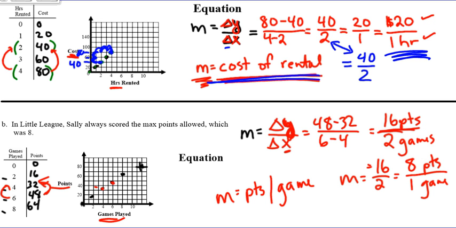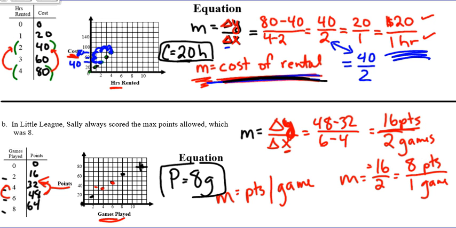And if we look at the formulas for each of these when we did these, the cost to rent was 20H, $20 per hour. Our slope was in the formula. For Sally, she was getting 8 points for every game.